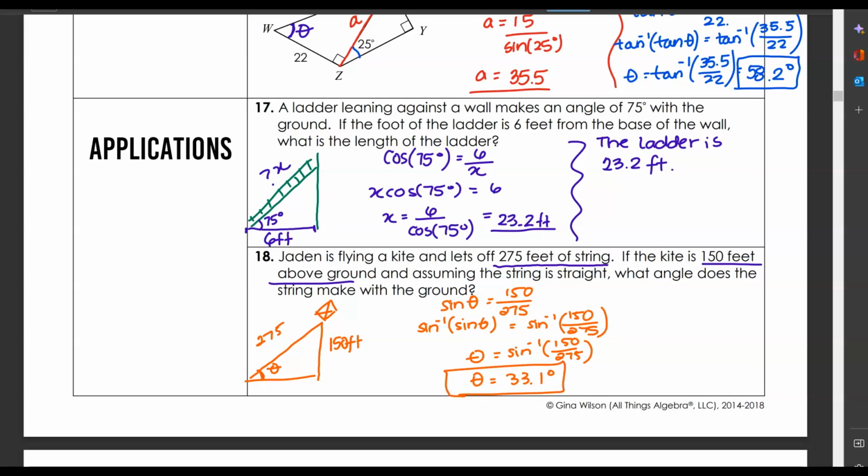Okay. And so lastly, we'd say the angle the string makes is 33.1 degrees. Okay. All right, and that's it for this section.